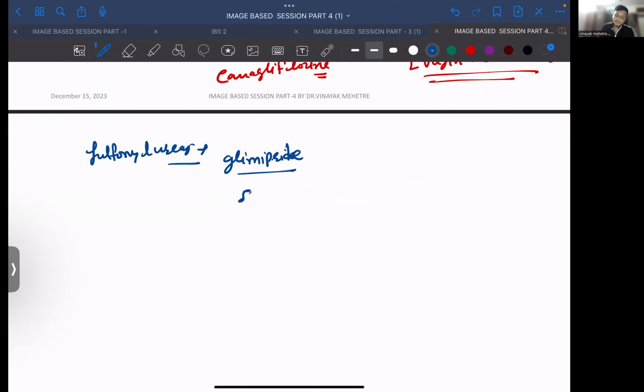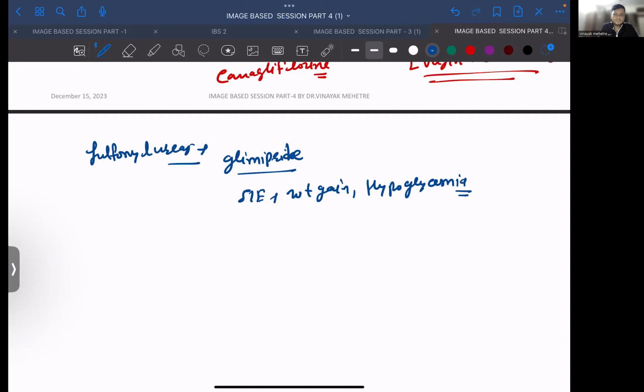Side effects are weight gain. Yes, hypoglycemia, correct. Hypoglycemia.